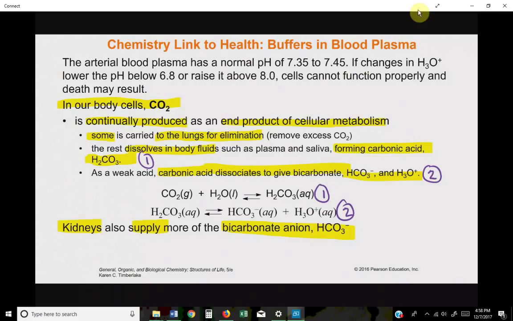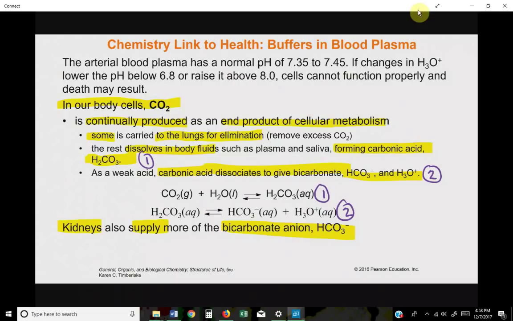Notice that it is a reversible reaction. Once we have carbonic acid in solution, it can easily dissociate to give us the bicarbonate and the hydronium ion. So that is our second reaction. So there are 2 steps in this process in which we have CO2 that dissolves in water to give us carbonic acid, which then dissociates or ionizes to give us bicarbonate and hydronium ion.